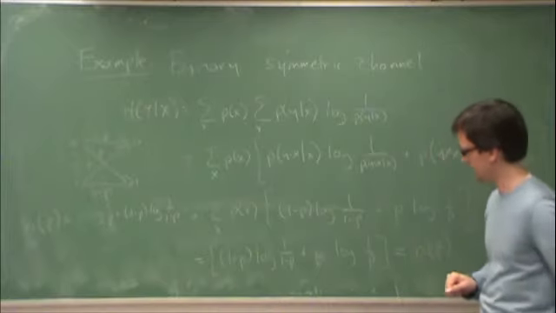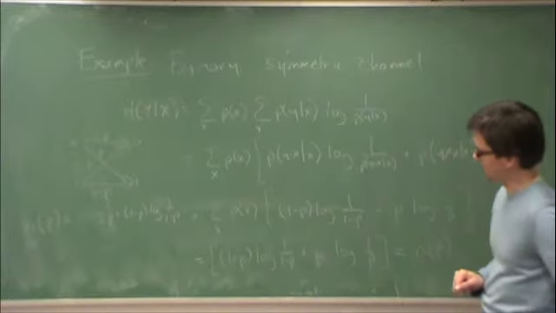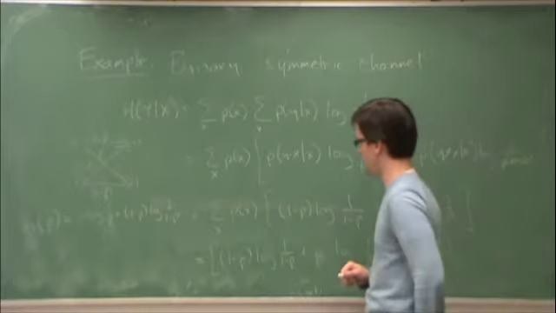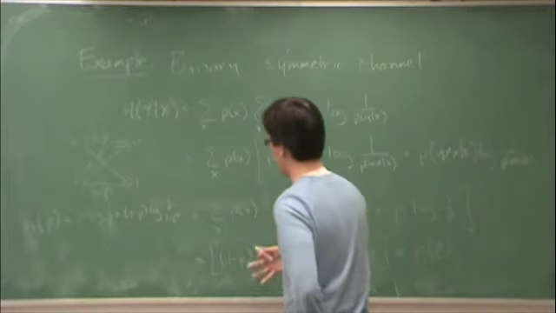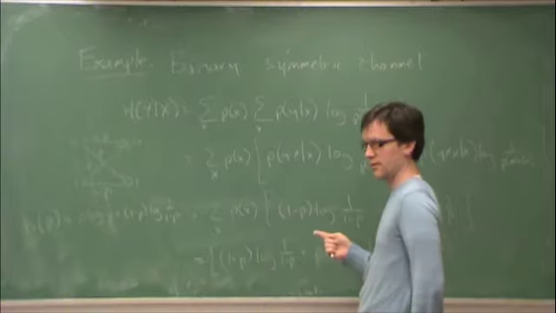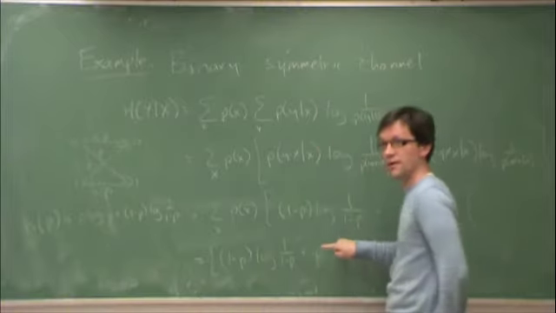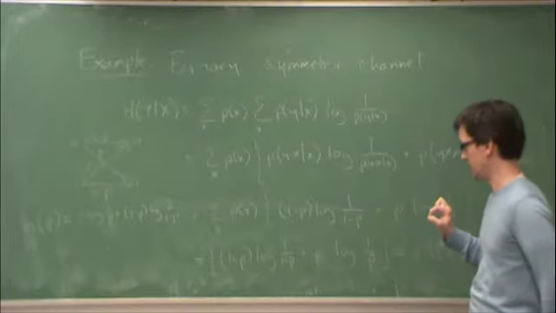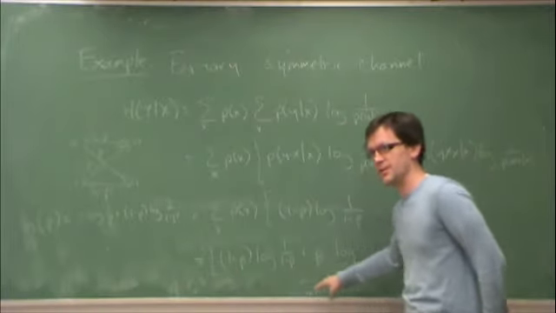Now it's worth pointing out that if I had a random sequence that was 1 with probability p and 0 with probability 1 minus p, this would be its entropy.